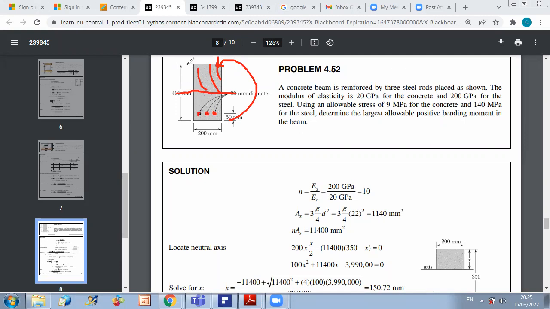Now, in case I put the bending moment in the opposite direction, then of course I have to add steel rods in the upper part, because I should always add steel rods in the part subjected to tension and not the one subjected to compression. Okay, here, since we are dealing with a positive bending moment, the upper part is compressed.